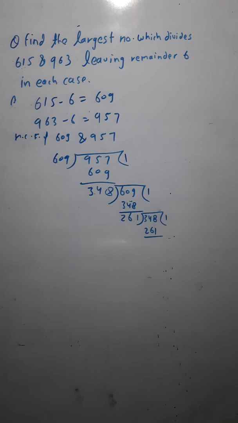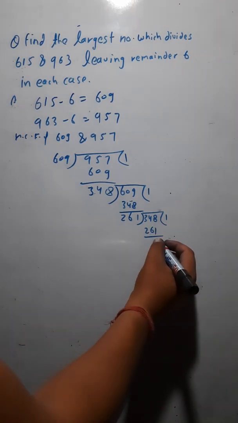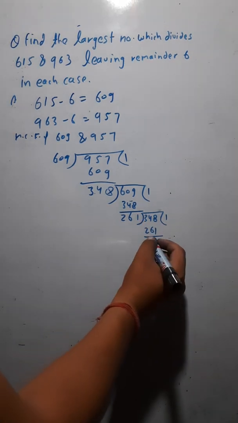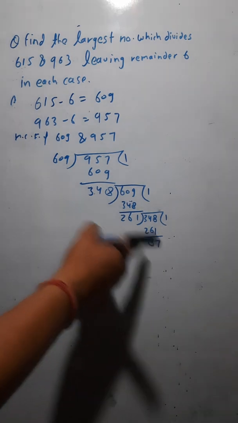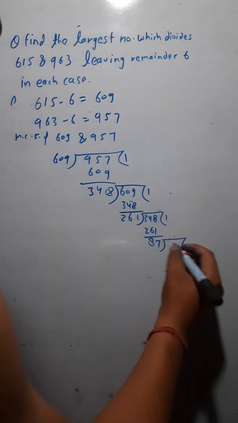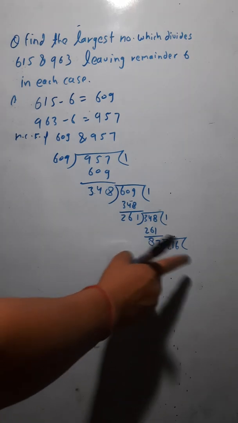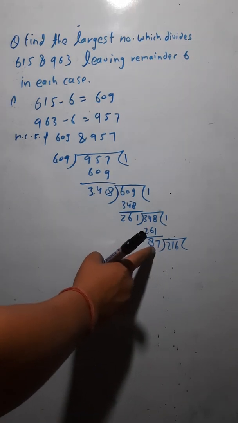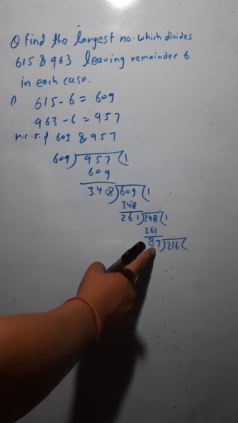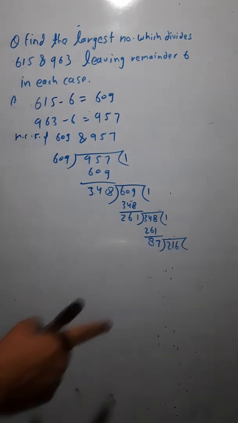What is the remainder? 87 is the remainder. Now divide 261 by this. How many times would it go?